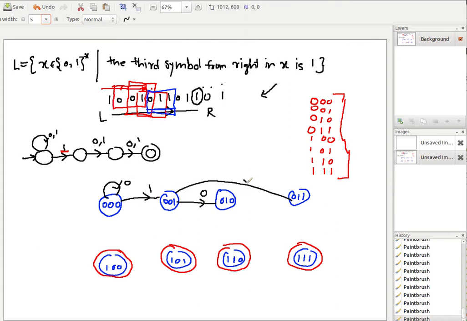You go to this place. 010 at 0, so you go to this. At 1 where do you go? 101. 011 at 0, you go to this one. At 1 you go to this place, right?